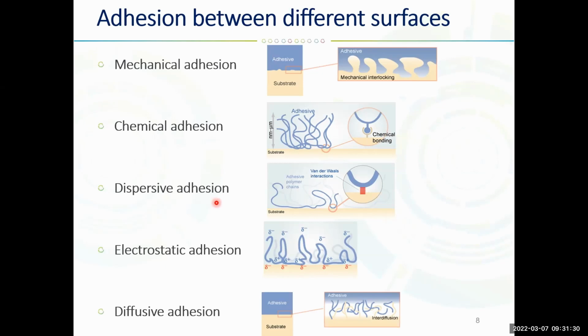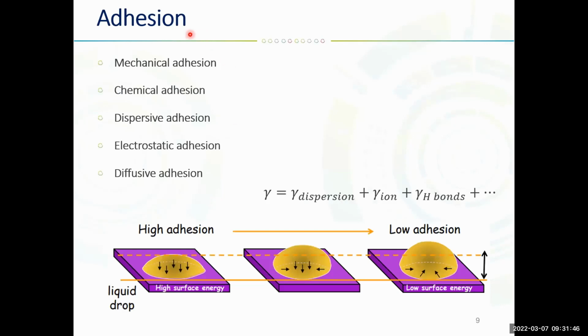You can also have a Coulomb contribution if there happen to be ions that attract one another across the interface, and so on and so forth. So this is just again the list of these adhesions. You have this in front of you.